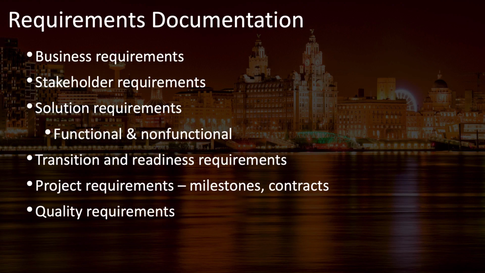Transition requirements, product requirements, milestones, those will be in the project charter. Contract information will be information that comes from agreements that come from procurement. Quality requirements could come from your quality plans. These should give you some ideas of what the inputs are.